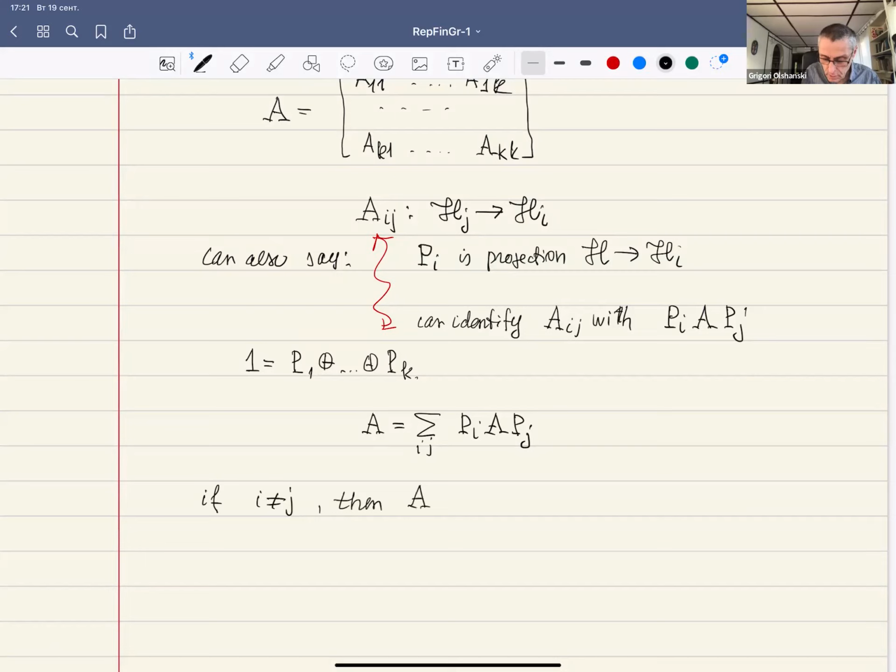A is an intertwining operator. This implies that this component must be zero. Why?